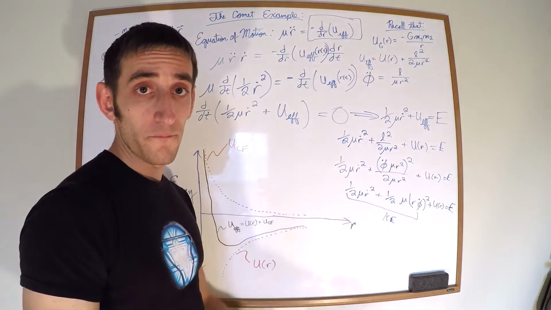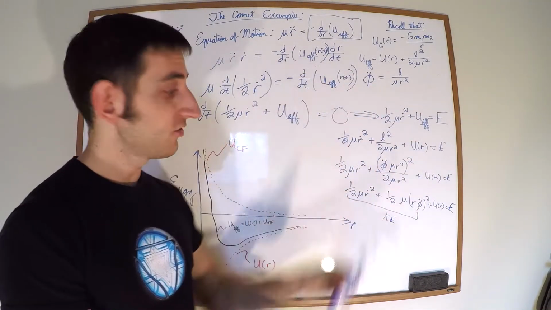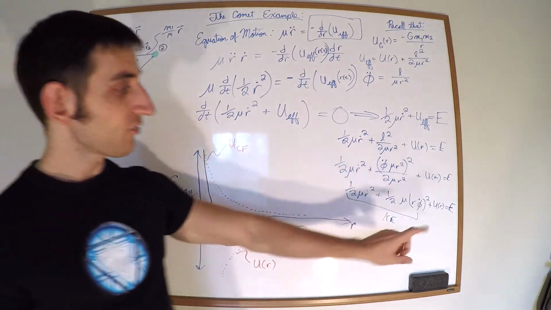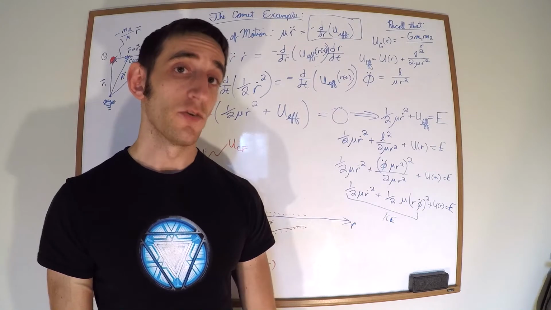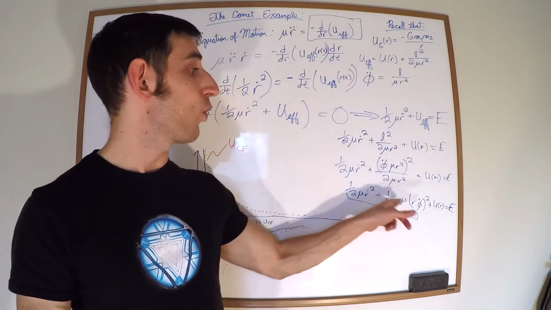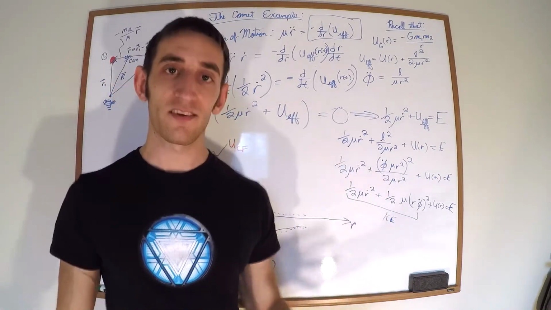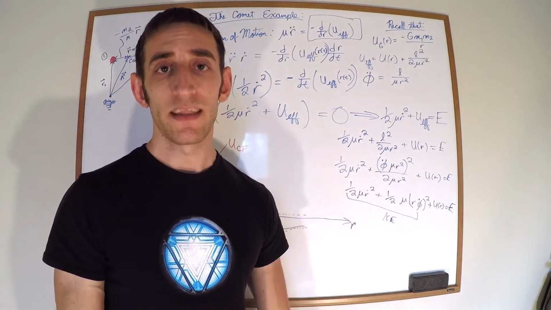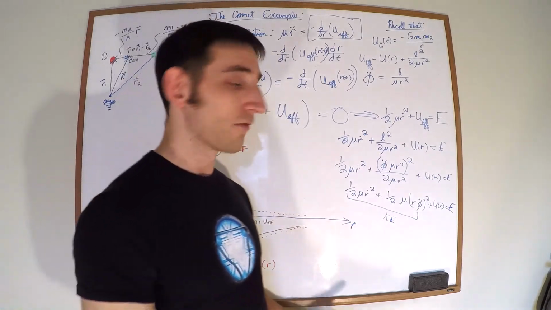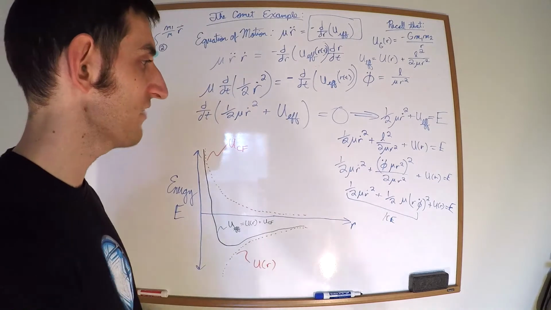Omega cross r is just the angular motion. So when you take r dot squared plus the square of the angular velocity term, you get the total velocity. This is 1/2 mv squared. Okay, so by using tricks, we nudged out the total energy in the system, and now we have this expression.